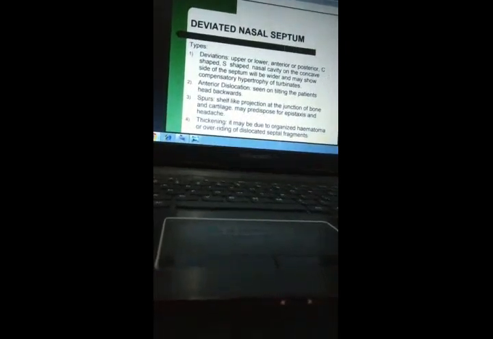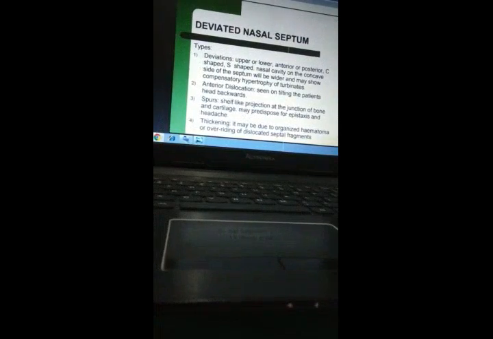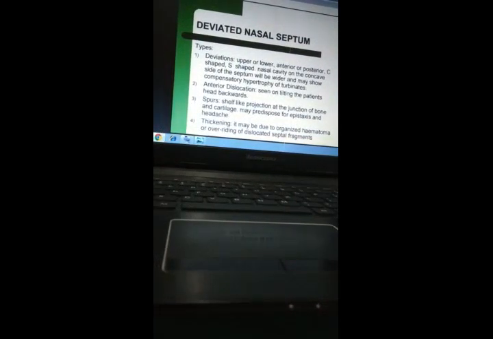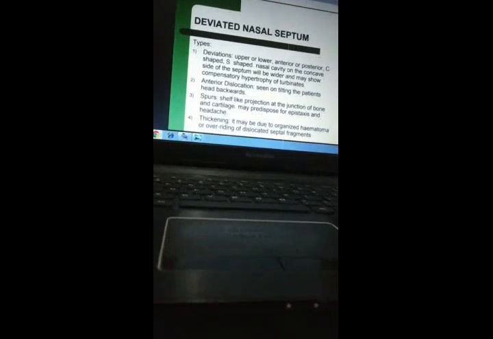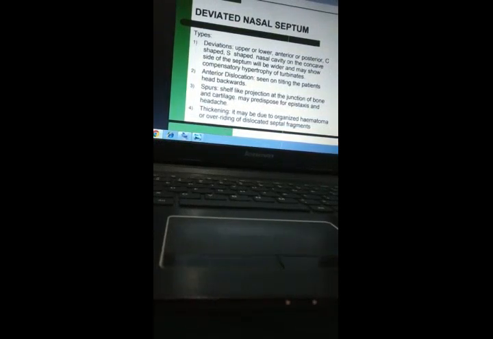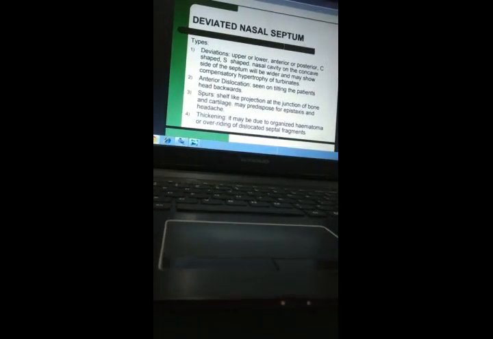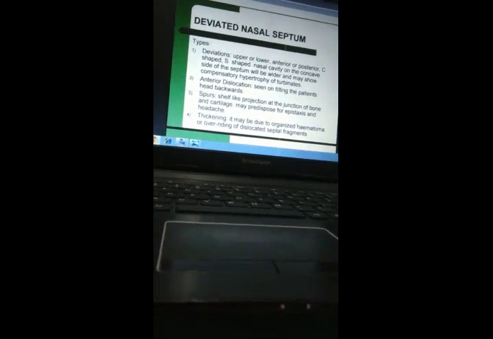Now, what are the types of deviated nasal septum? The types are deviation, upper or lower, anterior or posterior, C-shaped, and S-shaped. The nasal cavity on the concave side of the septum will be wider and may show compensatory hypertrophy of the turbinates.